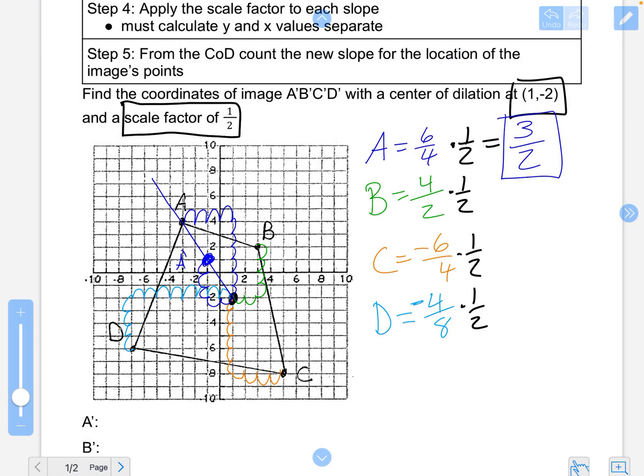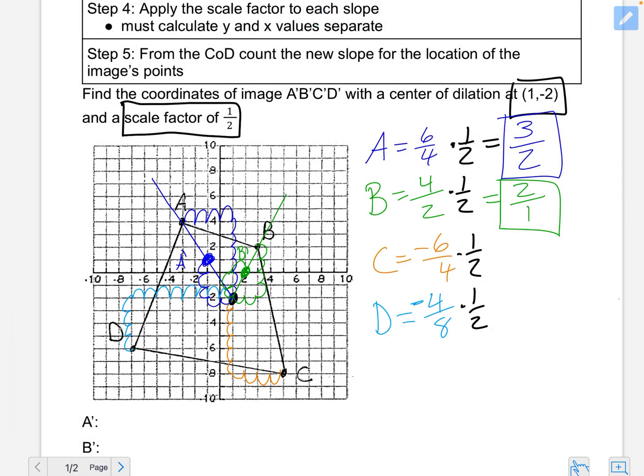Again, 1/2 of 4 is 2 and 1/2 of 2 is 1. So my new B point should be up 2, right 1, which is right there. That should be B prime. Again, I should be able to draw a line through B, B prime, and the center of dilation.